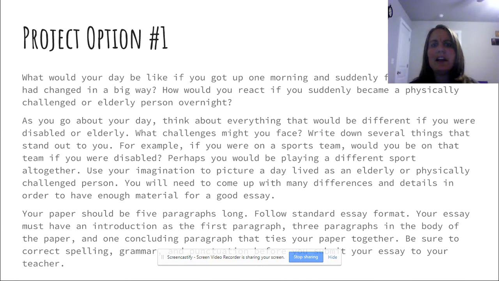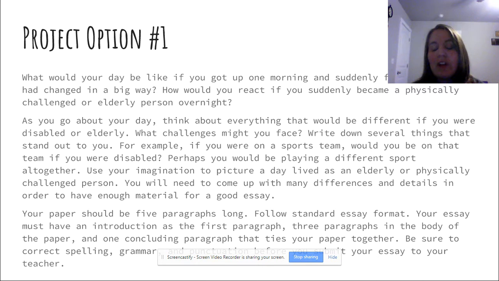And I like this essay because it helps you to put yourself in somebody else's shoes and understand what they go through. We get so busy with our lives sometimes that we forget to stop and look around and see what other people are experiencing. Sometimes we take for granted all the things that we're able to do. We take for granted our youth, and that we have energy, that we're able to jump up and down and ride bikes and go swimming.